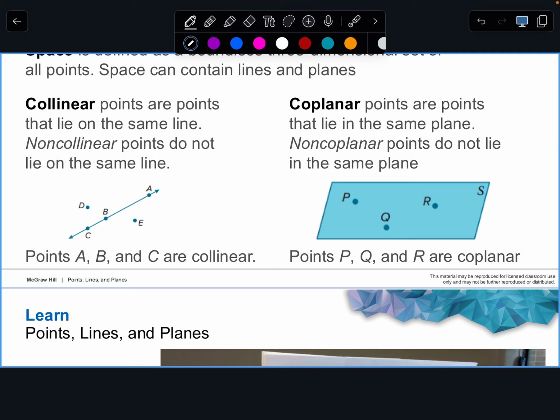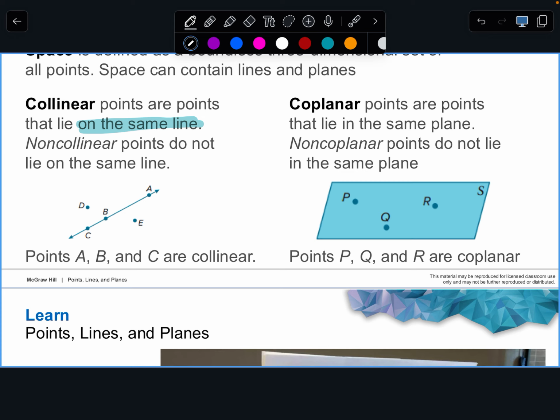Coplanar points are points that lie on the same plane. I bet you need to fill that blank out. Coplanar points lie on the same plane. Okay, non-coplanar points do not lie on the same plane.